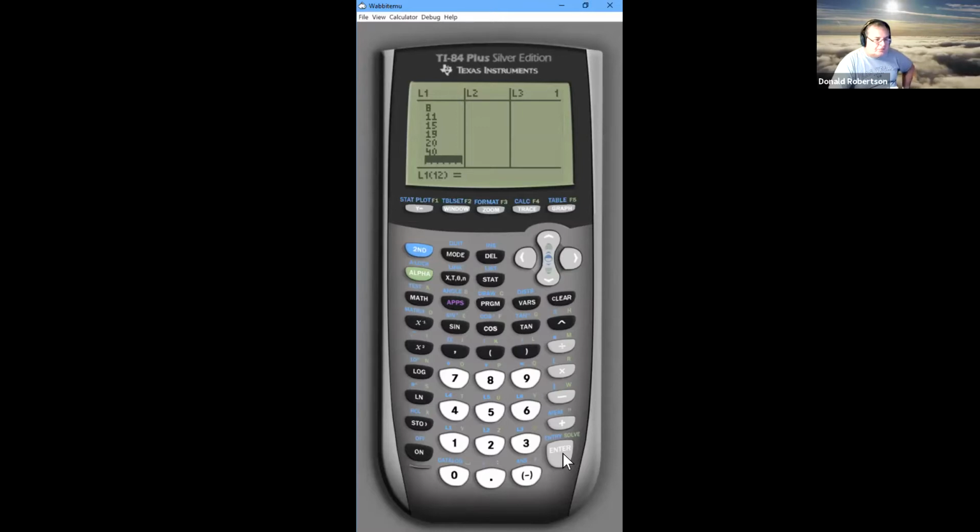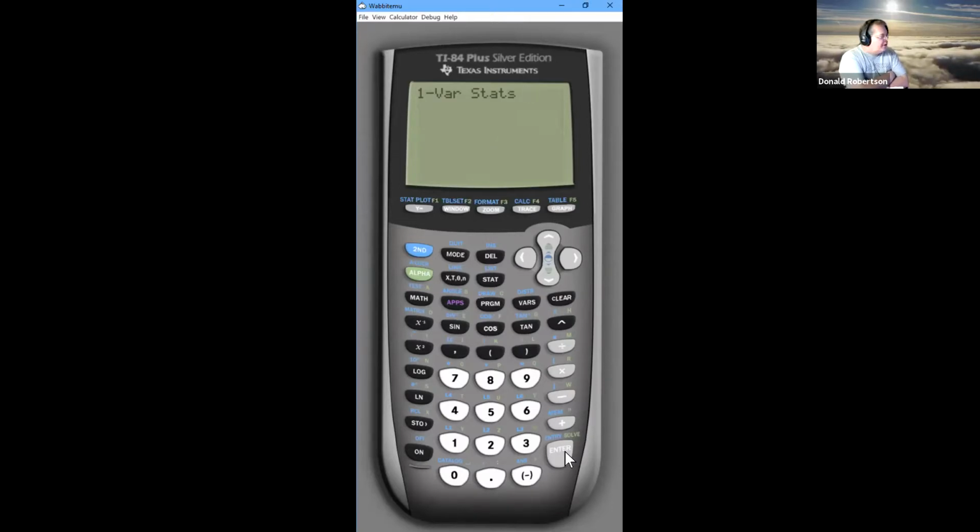So far, so good. Now, you hit the Stat button a second time, and you move over to Calc, which is there. Now you've got choice number 1, and you pick number 1, which stands for 1-Var Stats, and you hit Enter. In my calculator, that's what you see. In some of the more modern ones, you get a little menu that you can go through, but it's the same thing.